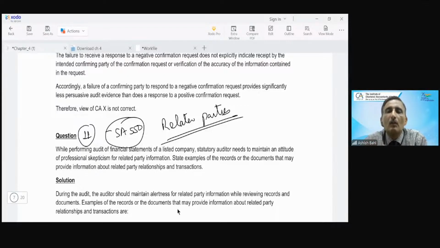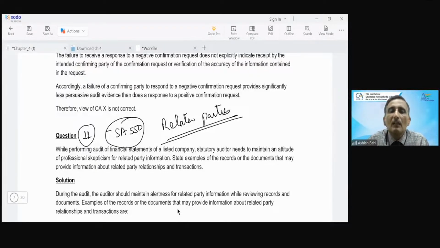Say two companies have common management, so only paper sales may be made without actual movement of goods. So the auditor has to be alert about misstatements in the financial statements.